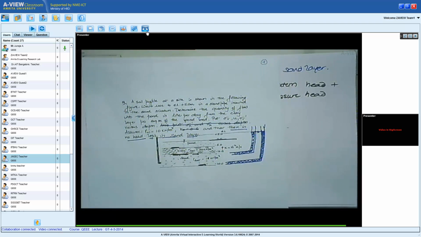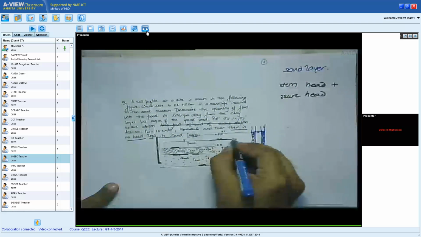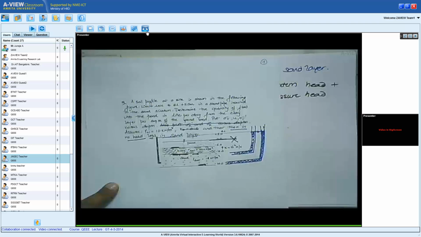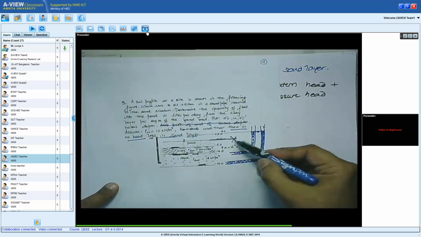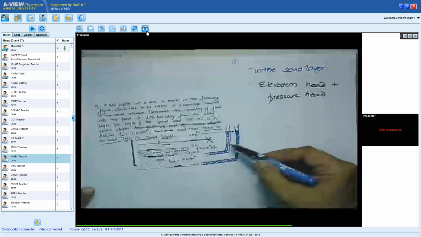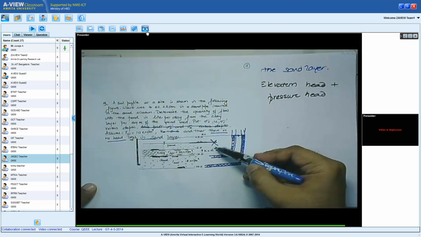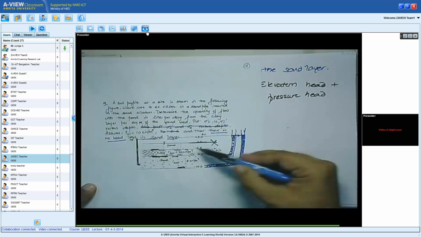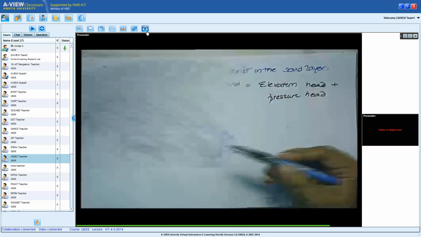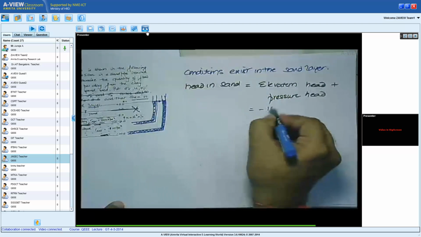There's no harm in choosing datum anywhere. So that is the datum for us. Let me just mark X, that is the datum. So if this is datum, the first part says elevation head. So I'm going below the datum. So this is 5 meters below, 10 meters below. So elevation head is minus 10 meters.